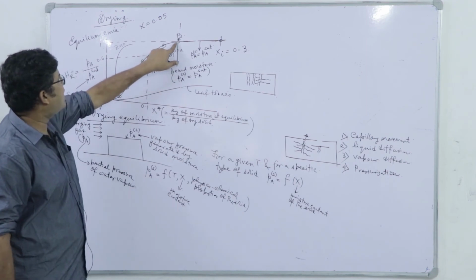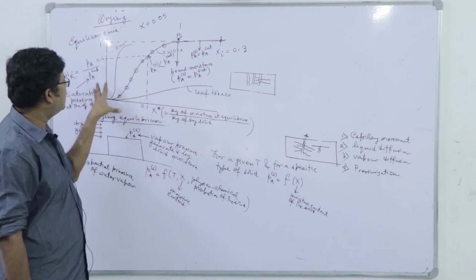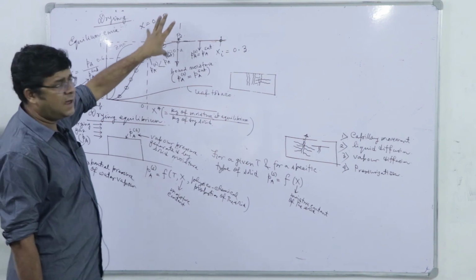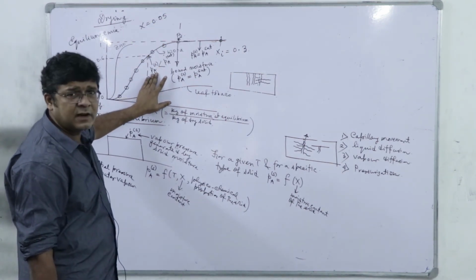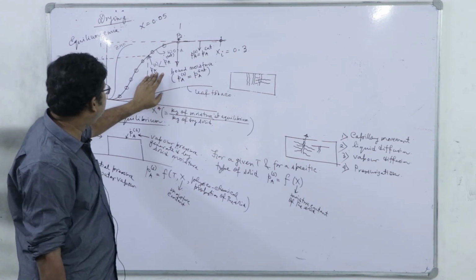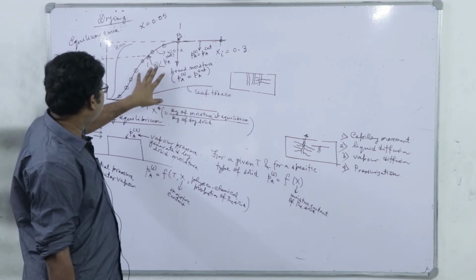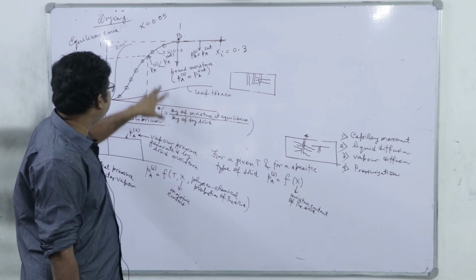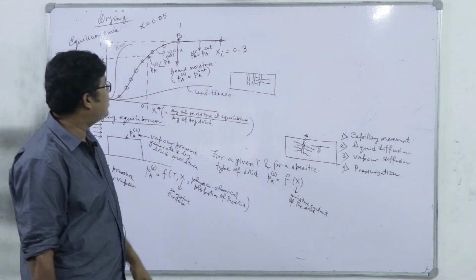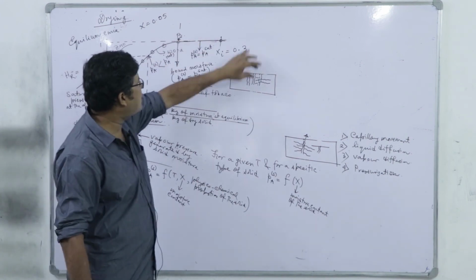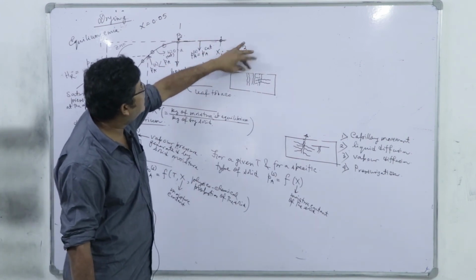So, up to the bound moisture, this is the total bound moisture. If it only has bound moisture, the vapor pressure exerted by the moisture content of that solid is always less than the saturation vapor pressure of that pure liquid. Whereas, in the case of unbound moisture, as we have a film, it will always exert the vapor pressure of the pure liquid.